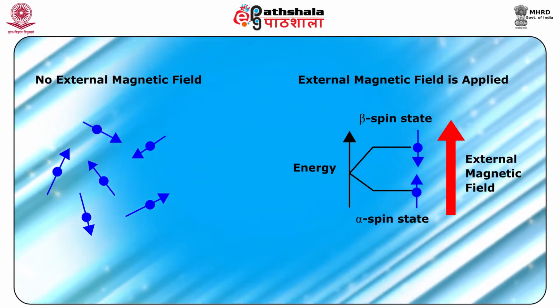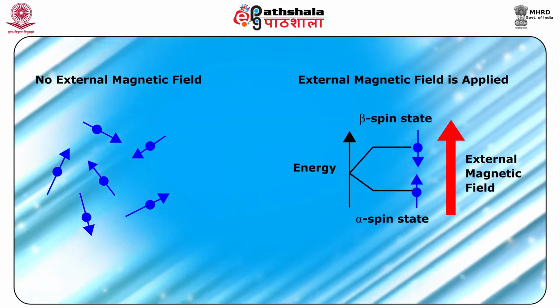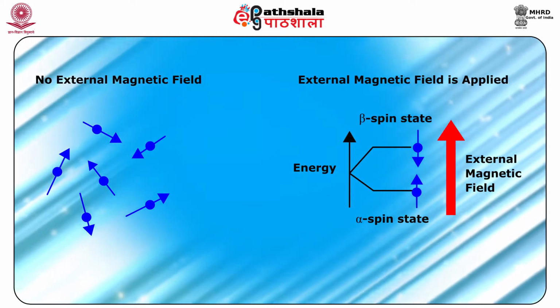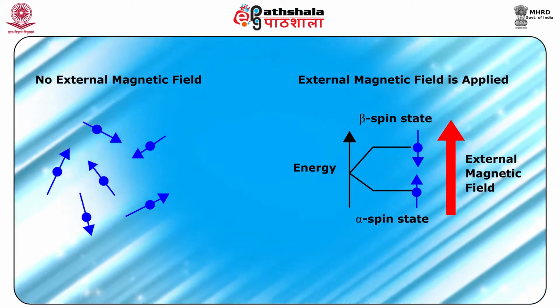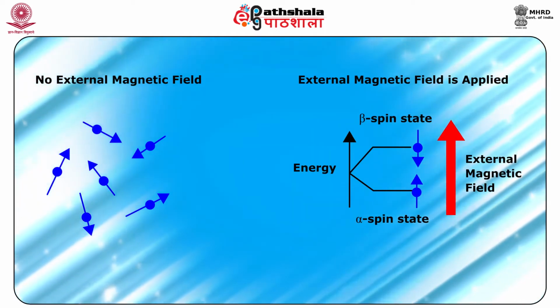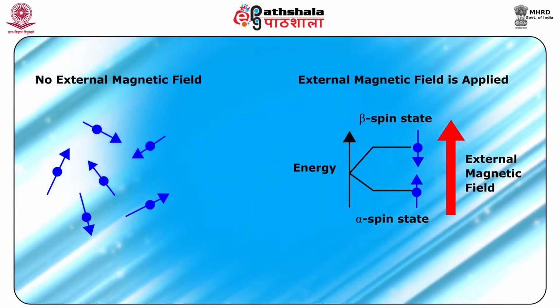Therefore, nuclei that align with the field are lower in energy and are called alpha spin states, and those which align against the magnetic field are higher in energy and are known as beta spin states.